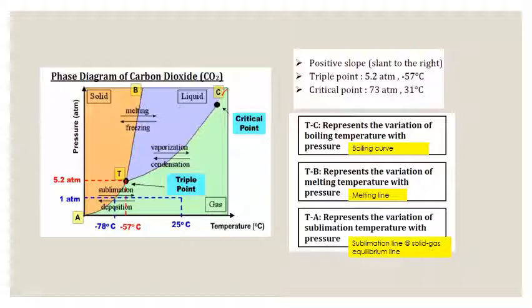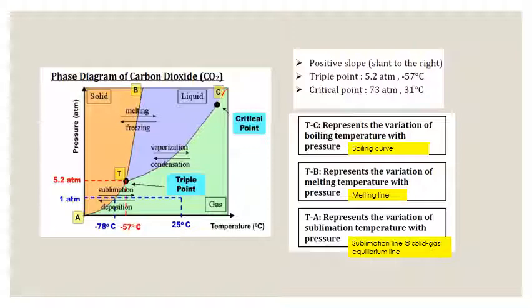And then kita tengok triple point. Okay, benda ni yang penting pada CO2. Triple point-nya adalah 5.2 atm. Okay, berbeza daripada elemen yang lain yang di mana triple point-nya adalah 1 atm. Okay, standard. Okay, tapi untuk CO2 triple point-nya 5.2 atm.